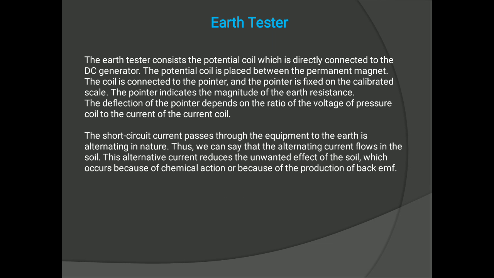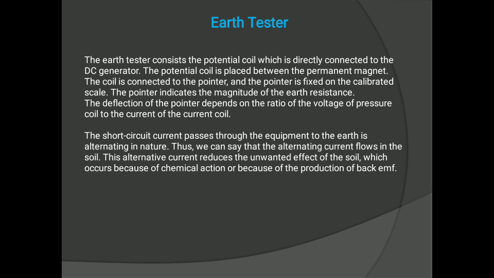For measurement of earth resistance, two spikes acting as current and potential electrodes are driven into the ground at a suitable distance, that is C2, at a distance of about 25 meters from the earth electrode under test. P1 and C1 terminals of the meter are shorted and connected to the earth electrode under test.